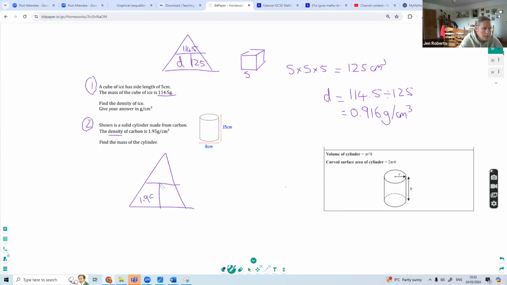We don't know the mass. We need the volume. How are we going to get the volume of that cylinder? Pi r squared h. The circle at the bottom, the radius is 4, and h is 15. Pi times 4 squared times 15 is 753.98. What do we do with those values? We're going to times them together to get our mass.